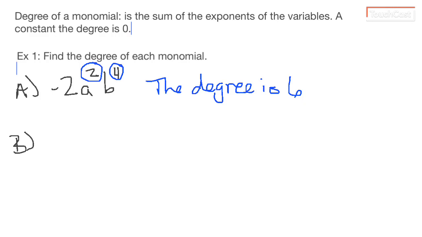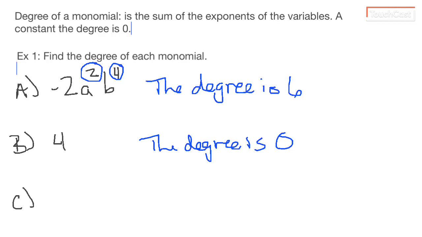If we have the number 4, then this one is pretty simple. There are no variables, so we say the degree is 0. When there's no variables, we just say the degree is 0.